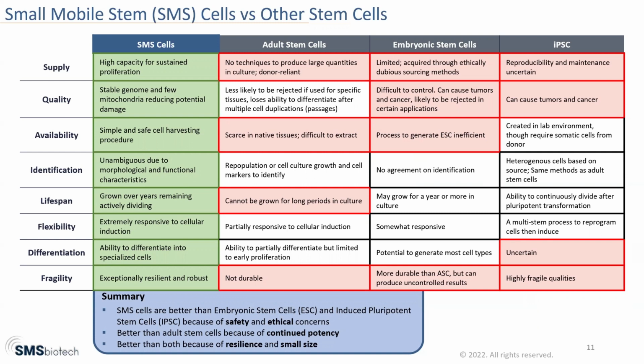Indeed, they are superior to embryonic stem cells and induced pluripotent stem cells because of safety and the absence of ethical concerns, as they are derived from adult blood of adult humans and not from fetal or embryonic origin. They maintain continuous potency despite a lot of proliferation, something that is not achieved with other adult stem cells.